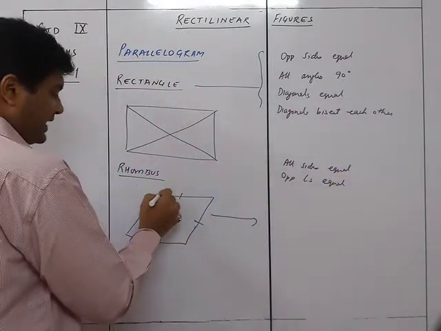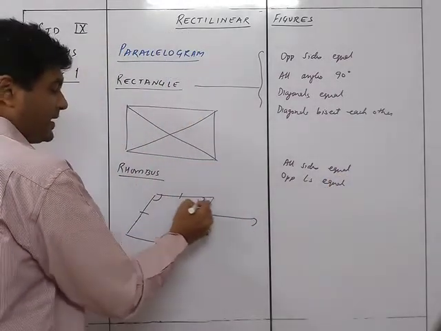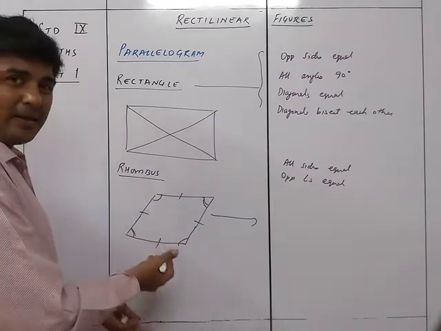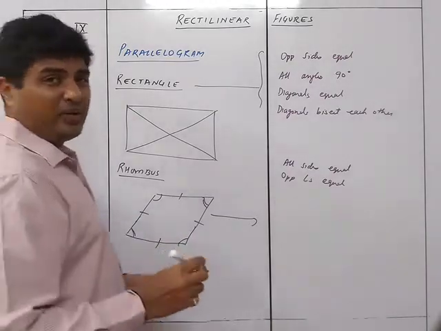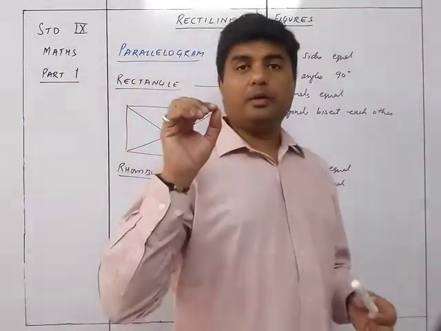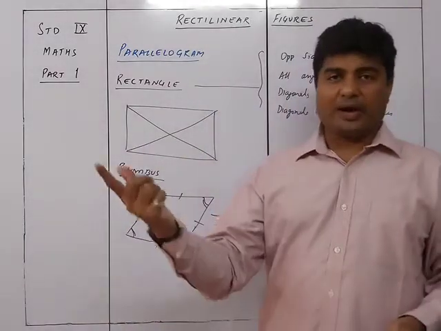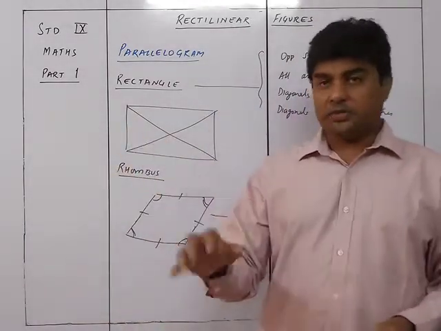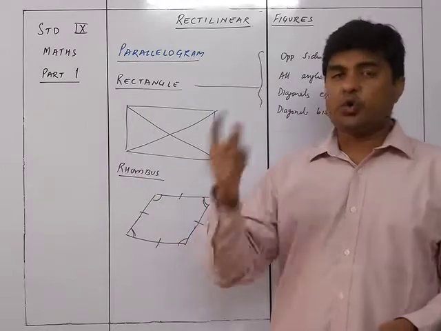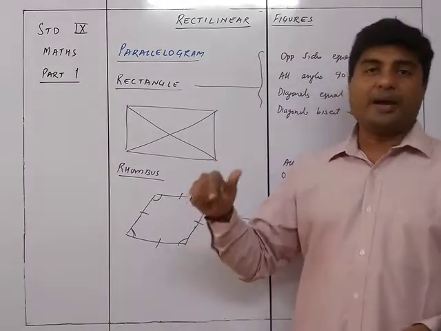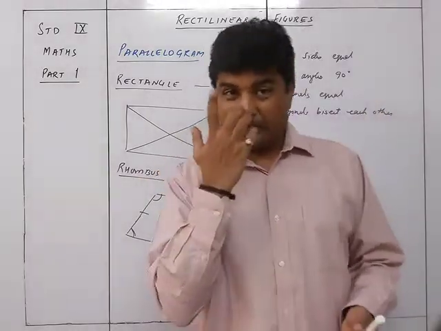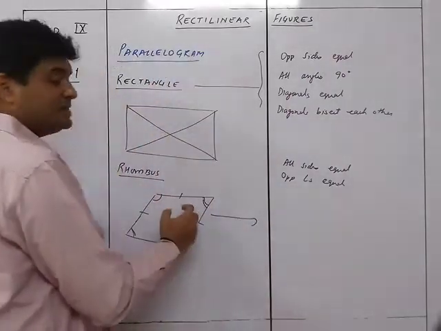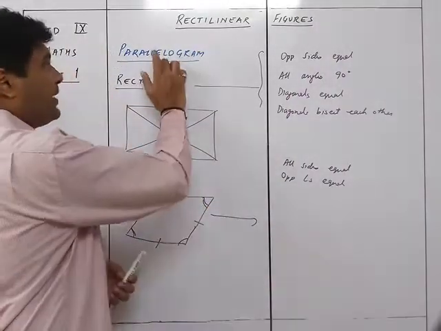Okay, this angle and this angle, because it's the property of the parallelogram. So all the properties of parallelogram are applicable to rhombus. See, it is this way that all rhombus are parallelogram, but all parallelograms are not rhombus. All rectangles are parallelogram, but all parallelograms are not rectangle. Okay, it is this way that these are subtopics of parallelogram.